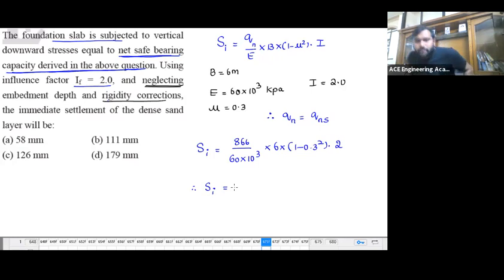It is 0.1576 meters, which means 150.6 mm. So this is the answer. Again, no answer.